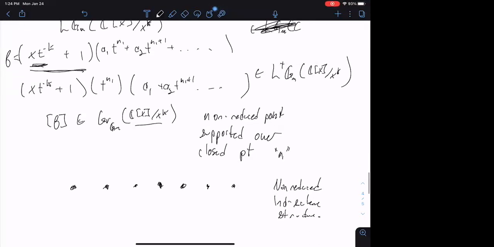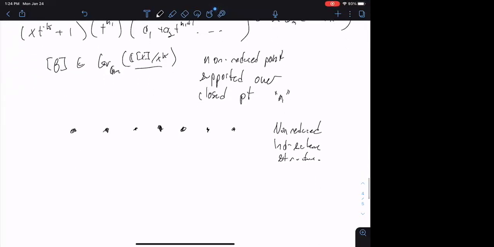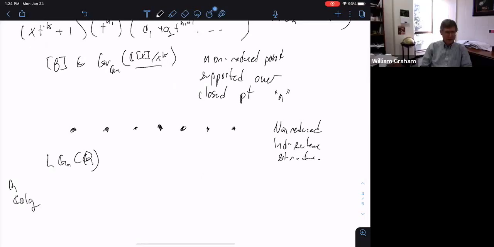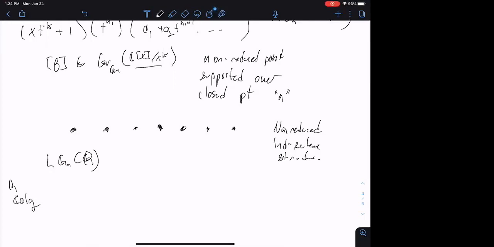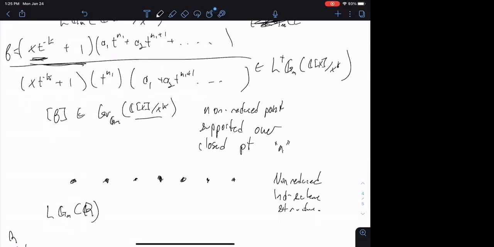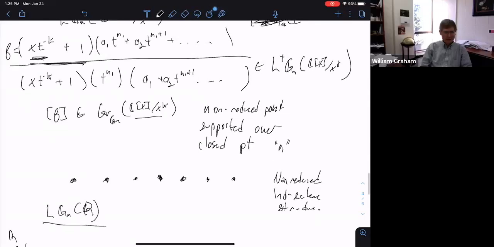Yeah, sure. So the first thing that I'm doing is I'm just producing a point inside the loop group LGM of C. So the R points of the loop group of GM, for R a C algebra, are exactly the collection of invertible formal Laurent series over that ring. Right, okay, that's fine. So this thing gives me an element inside here for the correct R. That's right.